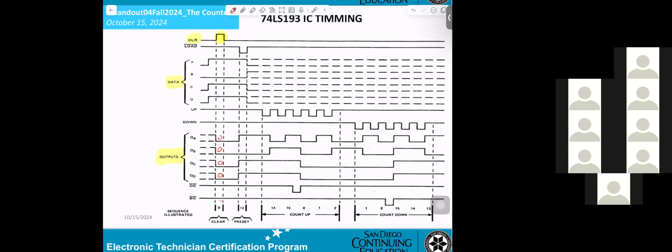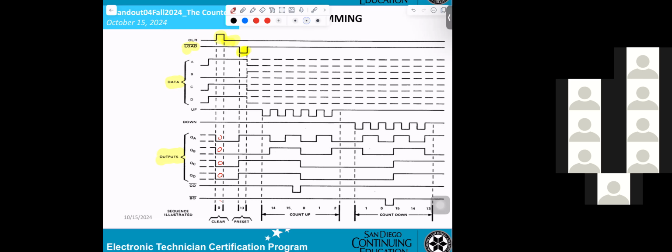The next function will be loading. Active load: the load will go low, and you see clear must be 1. When it goes low, you can see what inputs A, B, C, D equal.